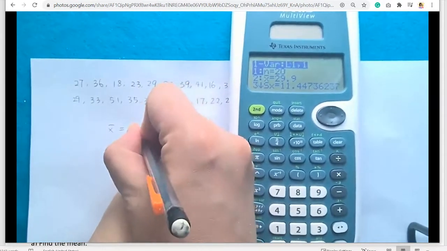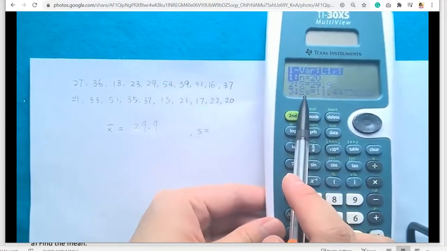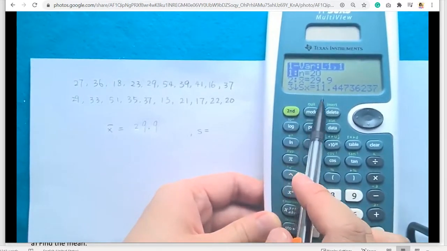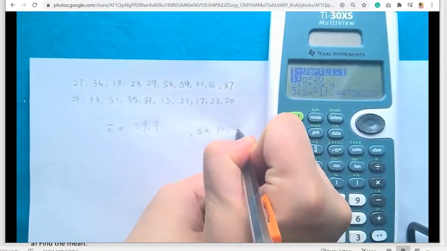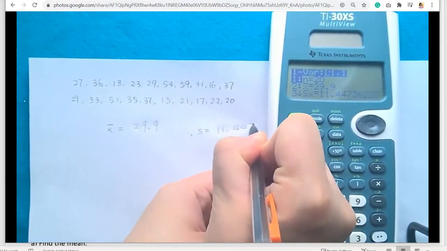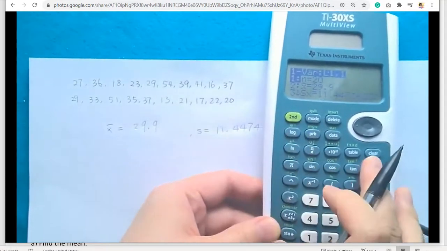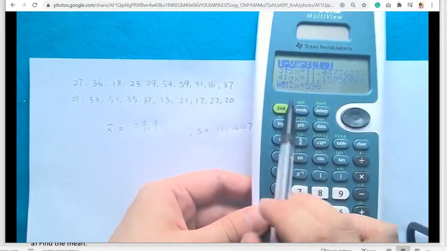29.9, and you see Sx. So this is the sample standard deviation, 11.4474. Okay, you can actually go down and you see more.